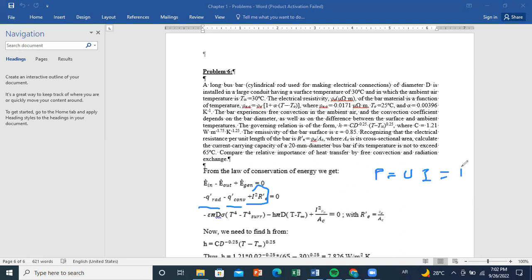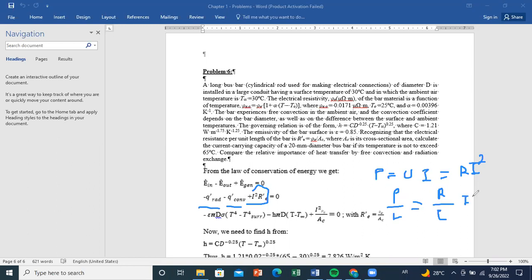But this value will be for a certain length. If you are doing the analysis per unit length, then P over L will be equal to R over L times I square. So we divide the total resistance value by the length involved, times I square.